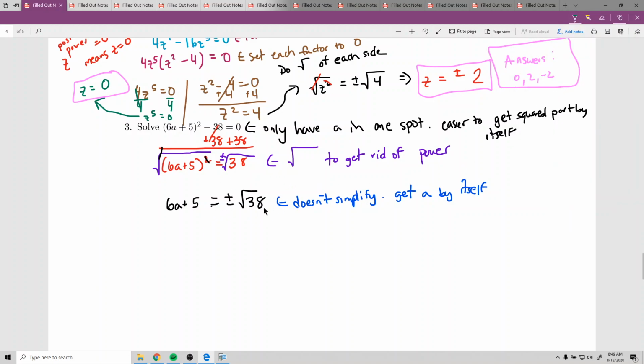So just imagine if this was a number, how would you get a by itself? We would subtract 5 from each side. So 6a, what I recommend when there's a plus or minus problem is put everything in front of it. So we got minus 5 in front, plus or minus the square root of 38. And then we have 6a equals this. Dividing by 6 will give us a by itself.